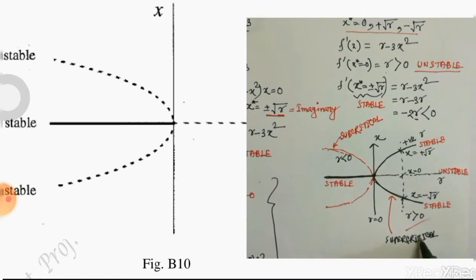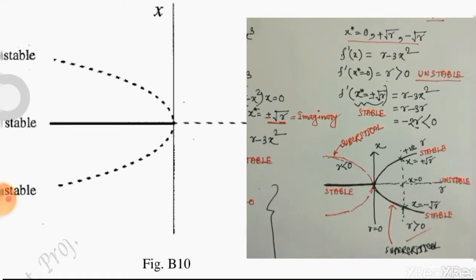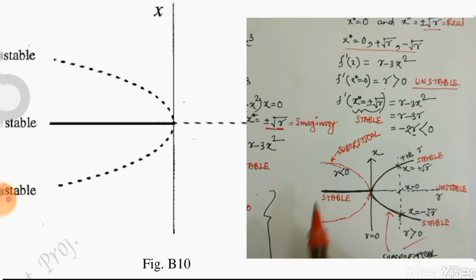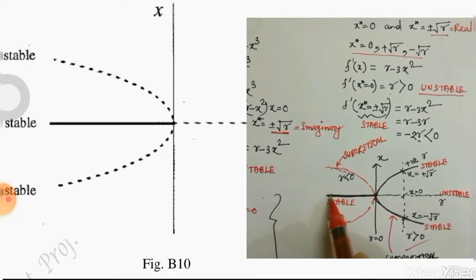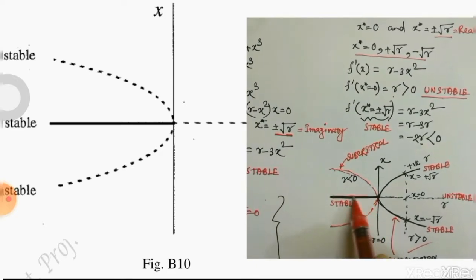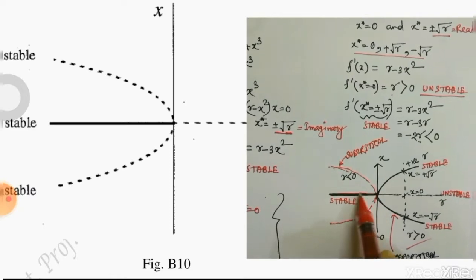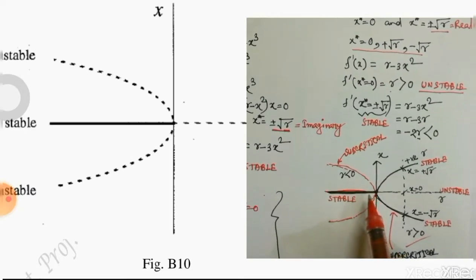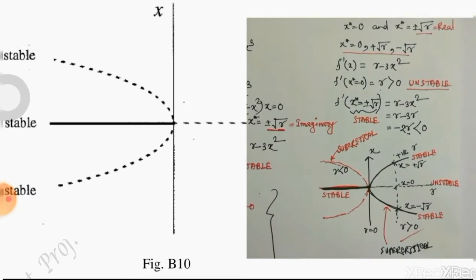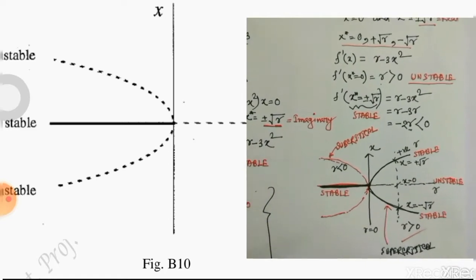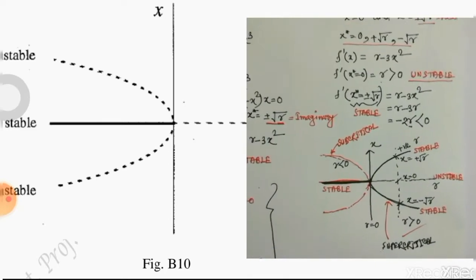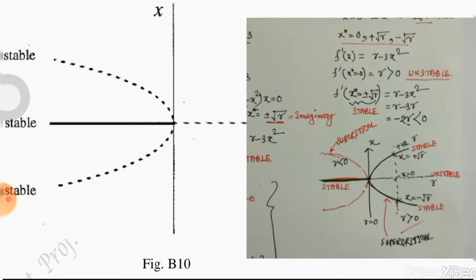So here this line is also present in subcritical pitchfork bifurcation. So we consider the three cases: r less than 0, r greater than 0, and r equal to 0.